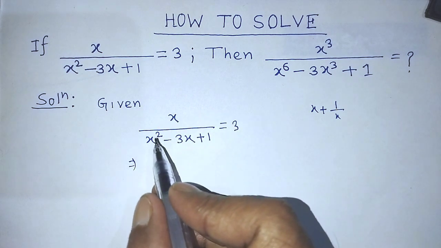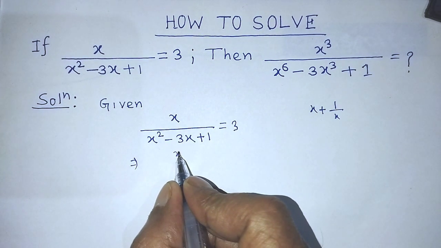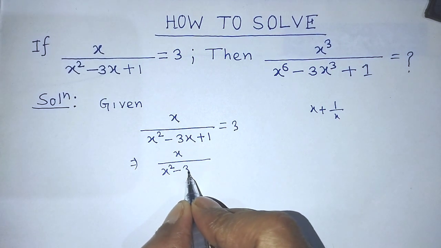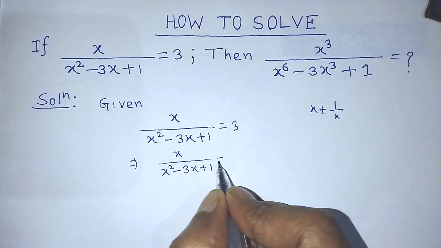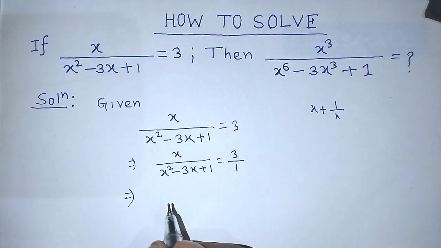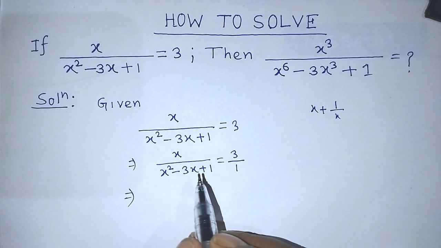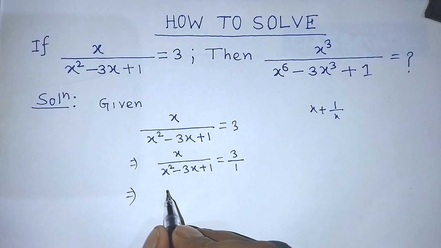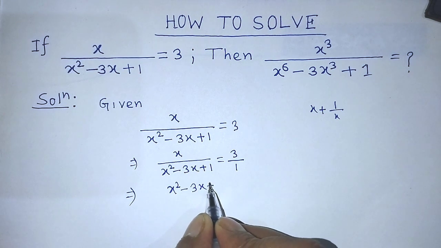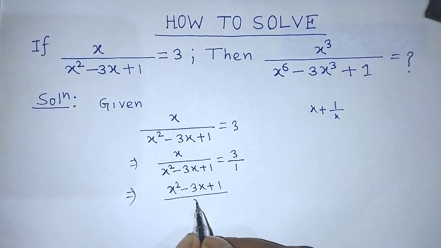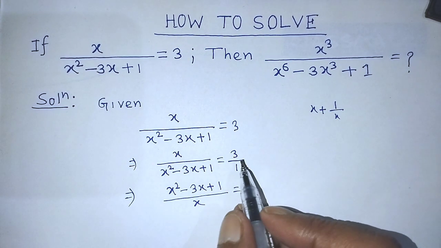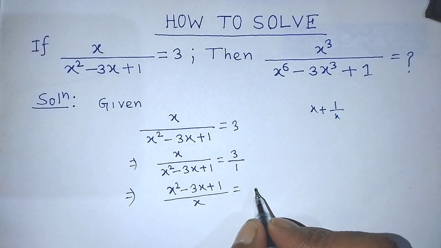We can write 3 as 3 over 1. We write the reciprocal form on the left hand side, so x square minus 3x plus 1 over x is equal to, on the right hand side, the reciprocal of 3, so 1 over 3.